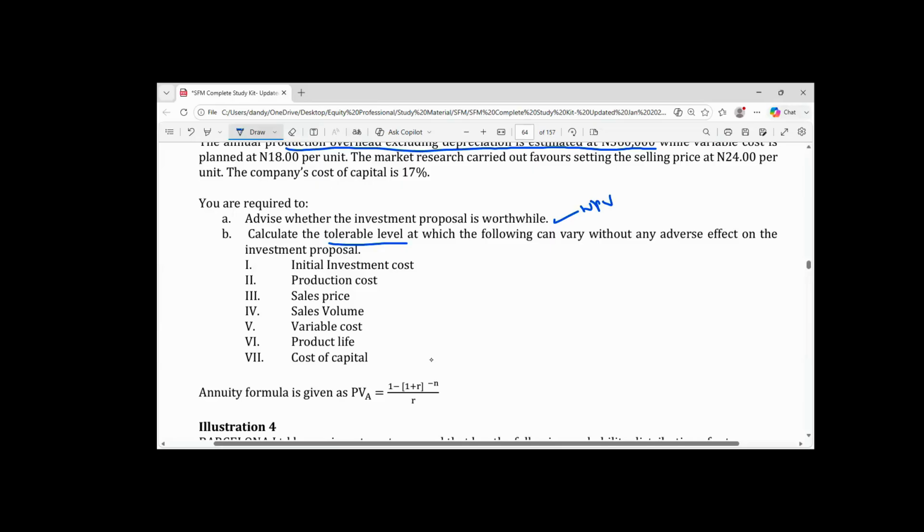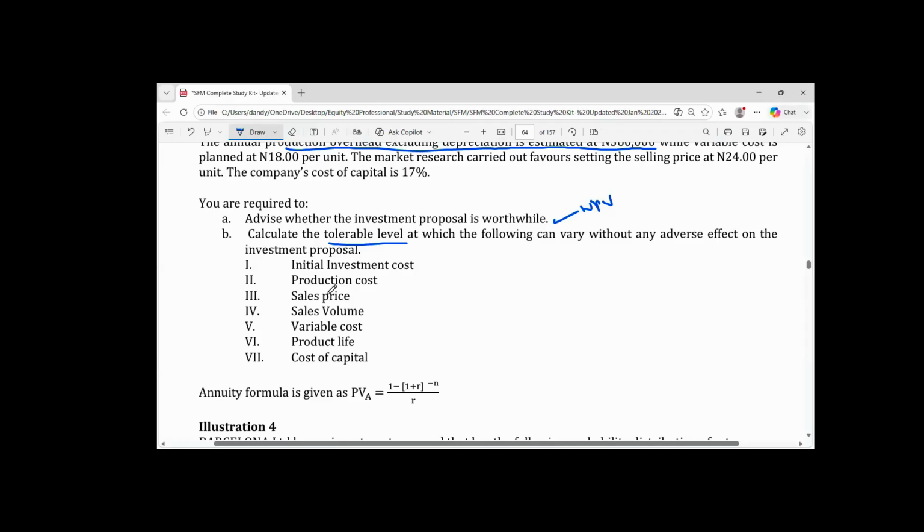Of course, you need nobody to tell you in this requirement B that you are supposed to calculate sensitivity margin of variable, because the examiner has mentioned tolerable level, and you know that sensitivity analysis measures the tolerable extent to which a project NPV can vary, or can accommodate any change in variable.